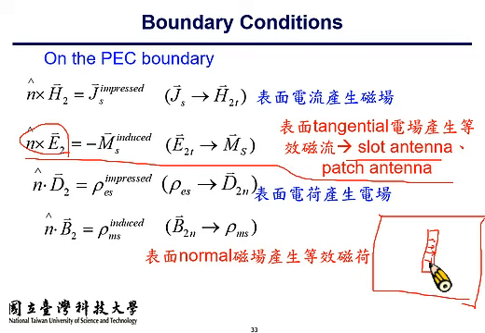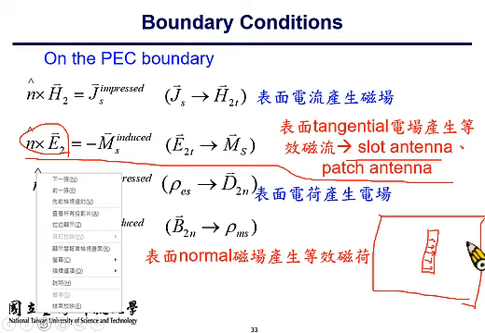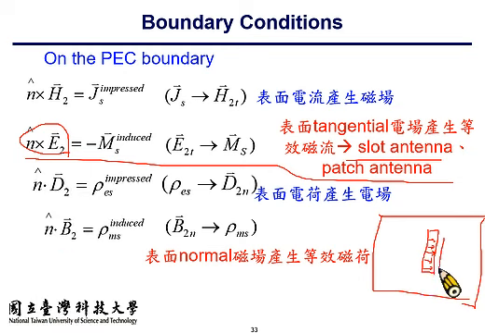So you see, this electrical field is the so-called tangential electrical field, right? So this tangential electrical field is equivalent to magnetic current. Okay, now N cross E, so you can see that the direction of E is this.